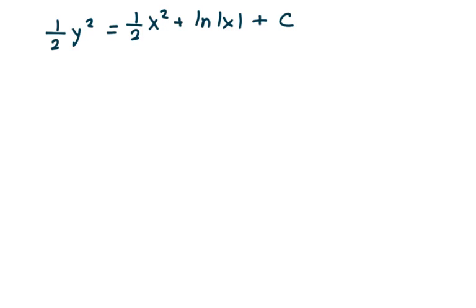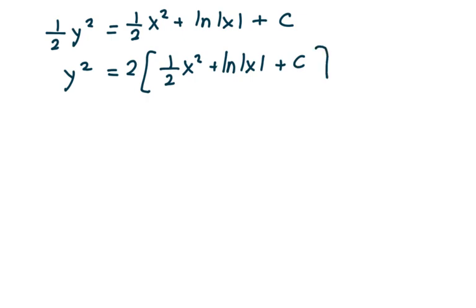Multiply both sides by 2. So y squared equals 2 times 1/2 x squared plus ln of the absolute value of x plus c.